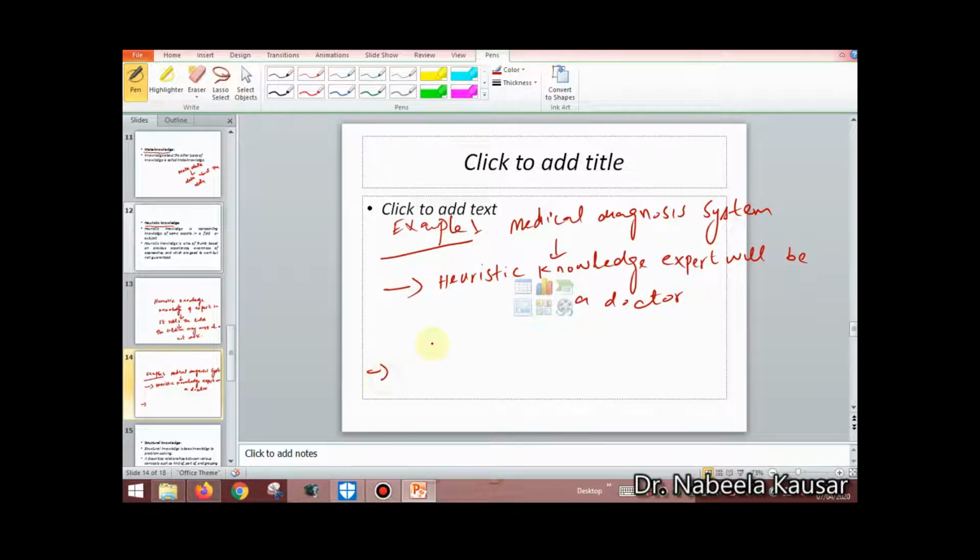Secondly, the doctor will recommend some drug to the patient.